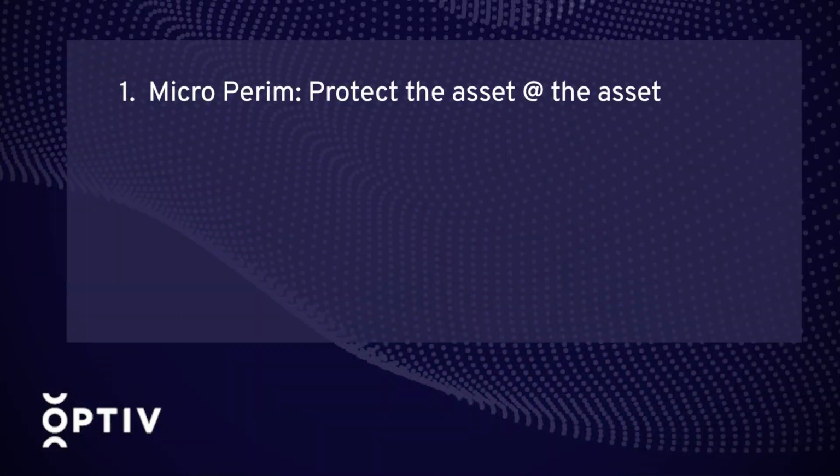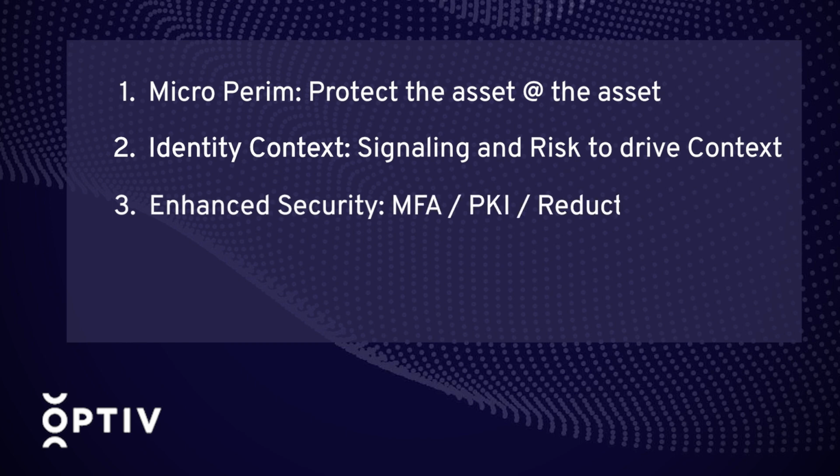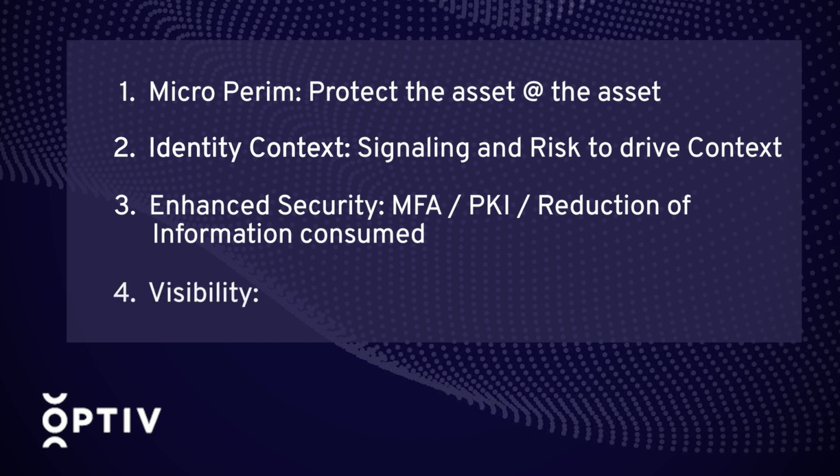So for micro perimeters, we're going to protect the asset at the asset. Identity context is using signaling and risk to drive context. Enhanced security is MFA, PKI, reduction of the information consumed throughout the systems. And visibility is maintenance, continuous monitoring, and continuous response.